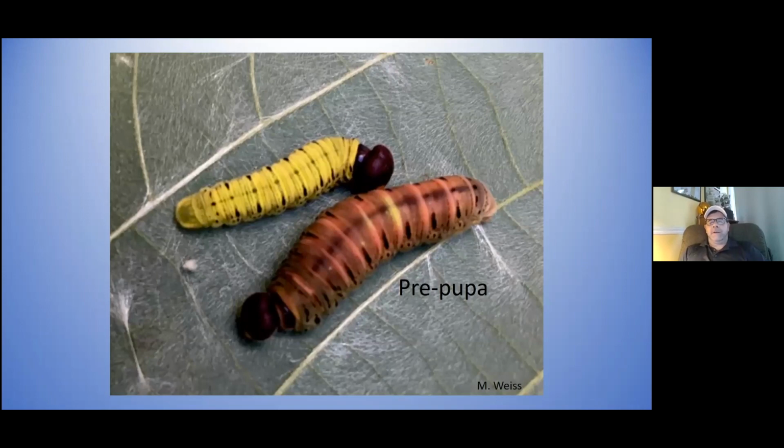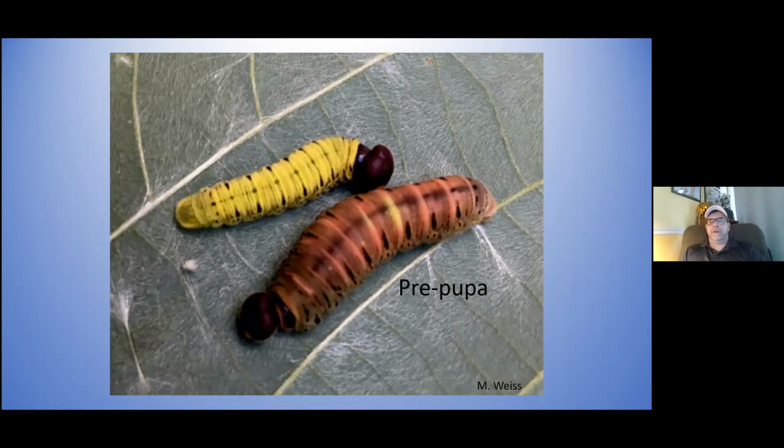And then as they prepare to enter the next phase, which is the pupal phase, caterpillars do some really weird things. So you can see this skipper, this is a fifth instar and then the last instar, and it stops feeding and starts acting strangely, and often changes its behavior pretty dramatically as it seeks out a location in which to pupate.